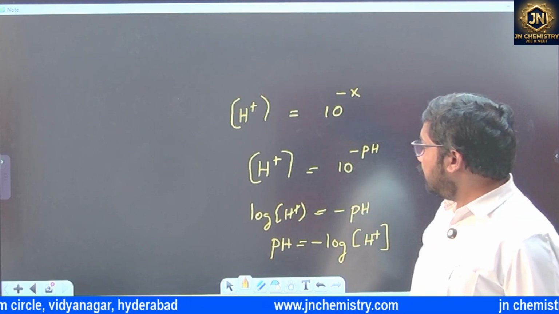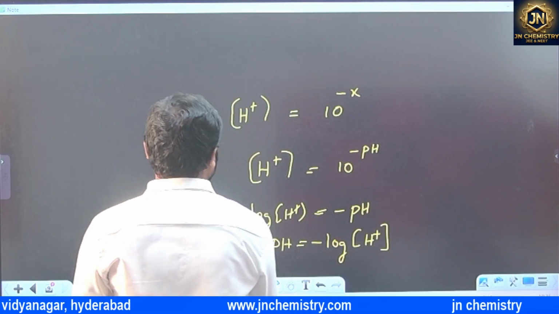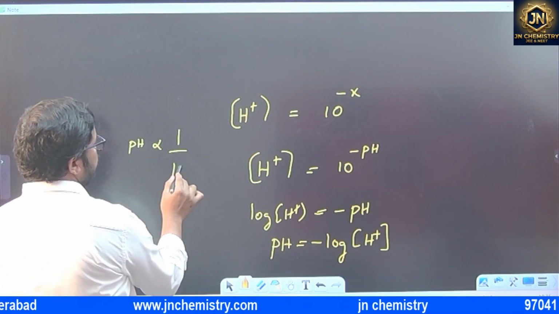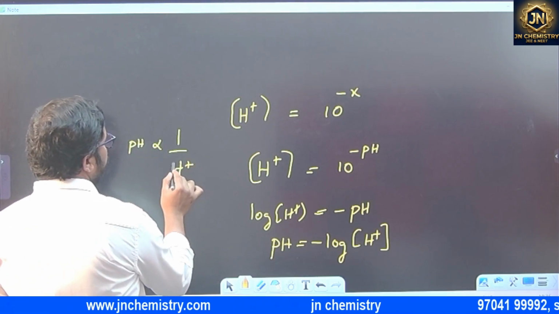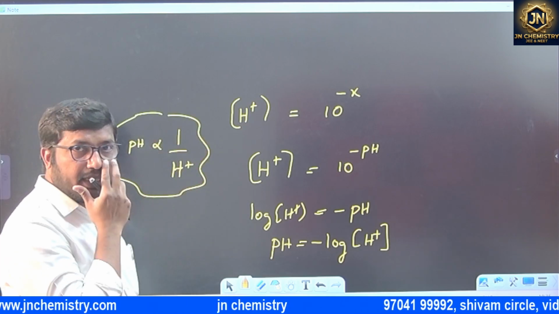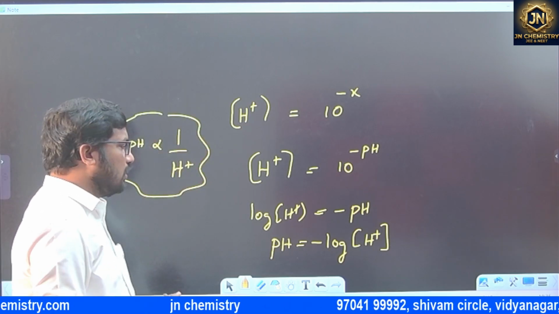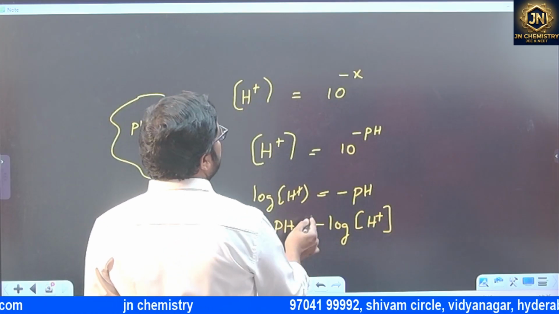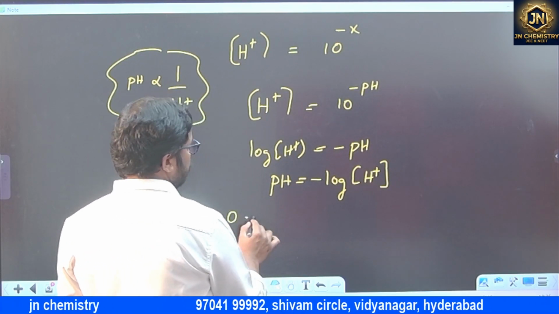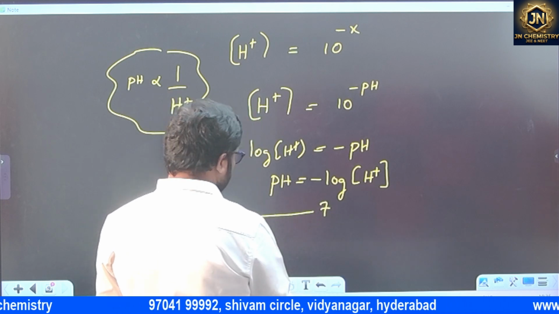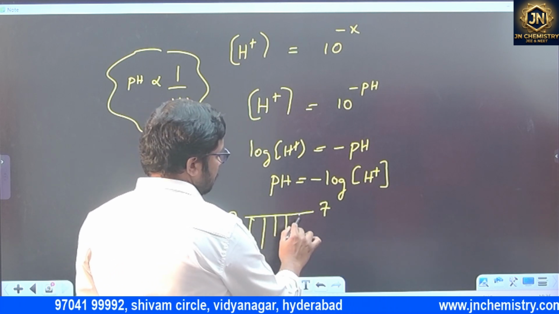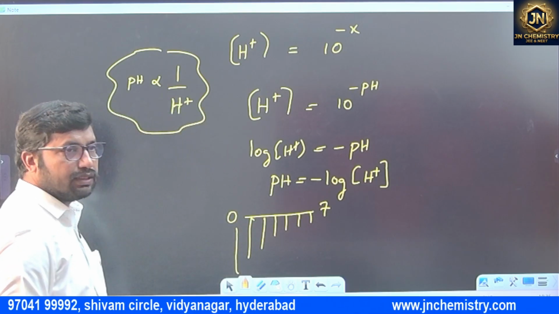So pH is always inversely proportional to H plus ion concentration. The stronger the acid, the lower the pH. Generally the pH scale is like this, 0 to 7, and pH is decreasing.